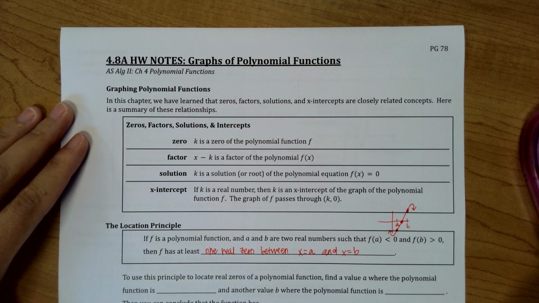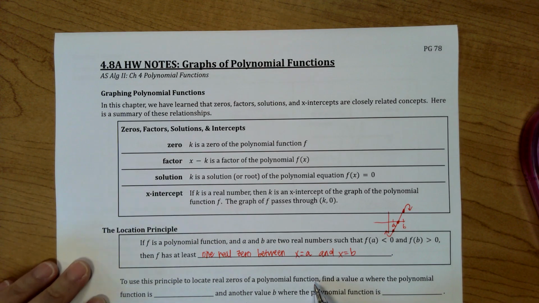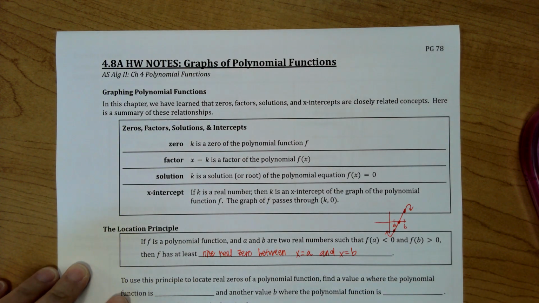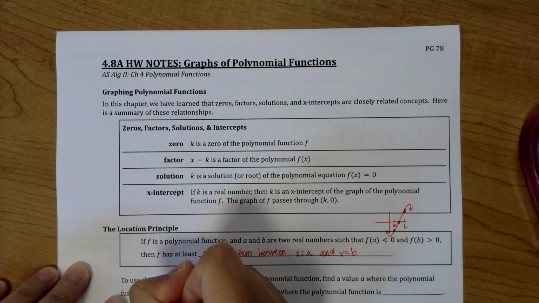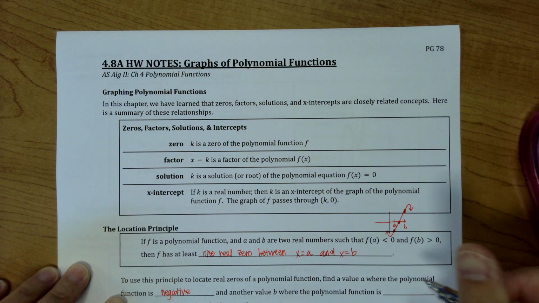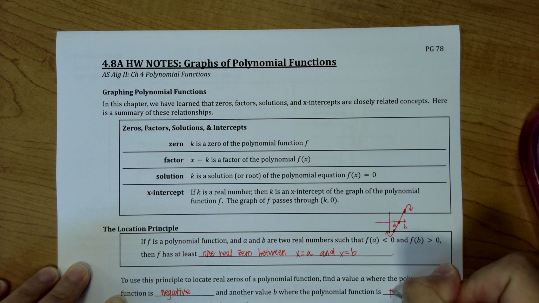And to use this principle to locate real zeros of a polynomial function, you can find a where the polynomial function is negative, and another value b where the polynomial function is positive.